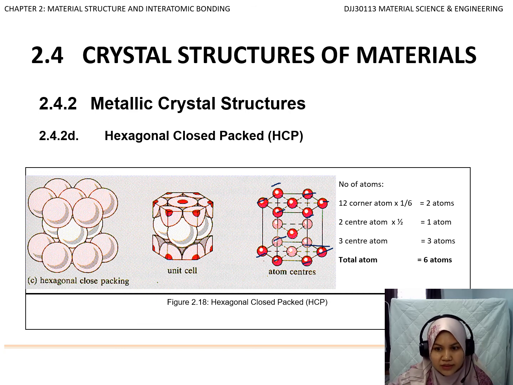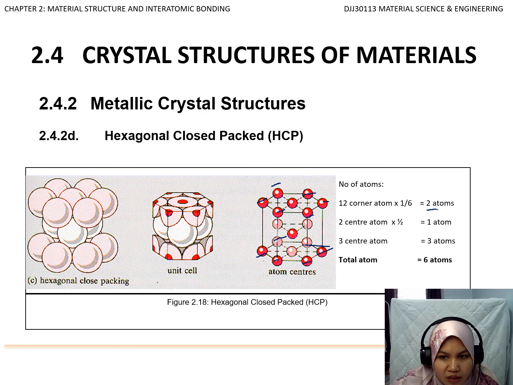Okay, 12 corner atoms times 1/6. So total dia adalah 2 atoms untuk dekat corner ni lah. Kat penjuru ni jumlah dia adalah 2 atoms. Okay, 2 at center atoms, ada 2 pada center.